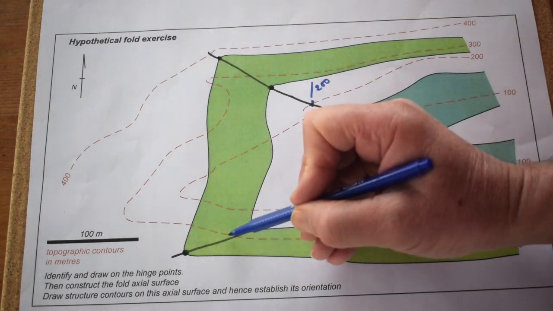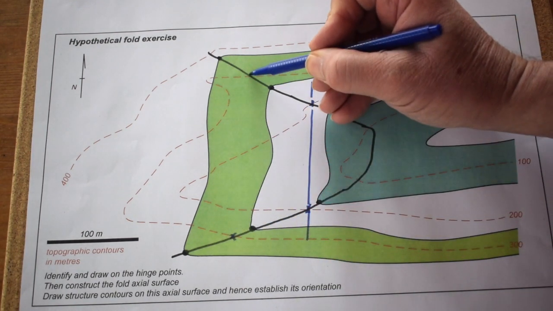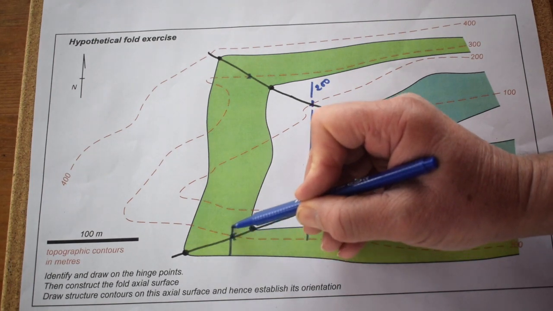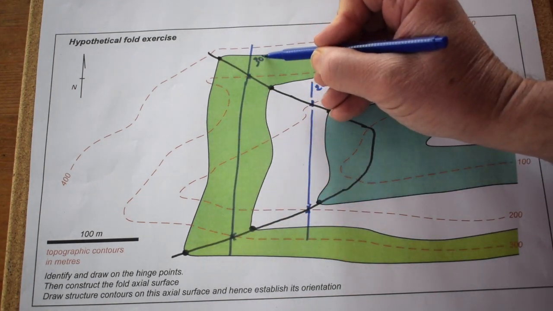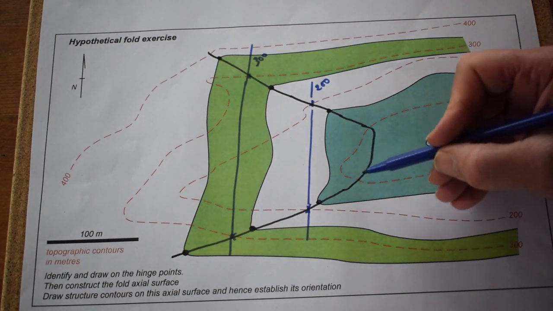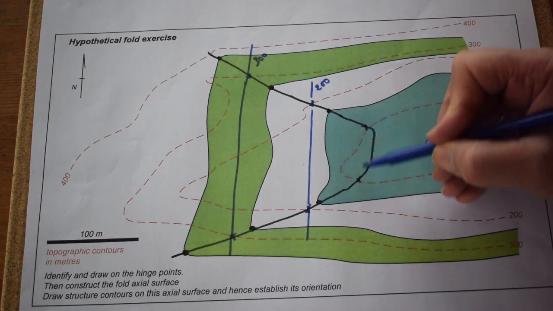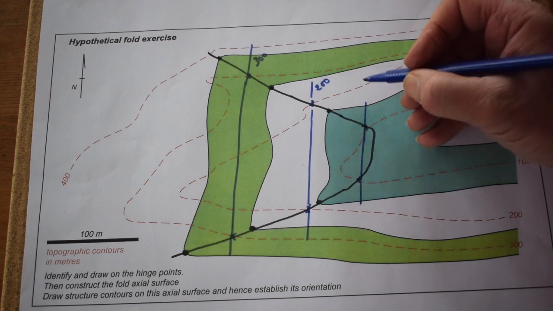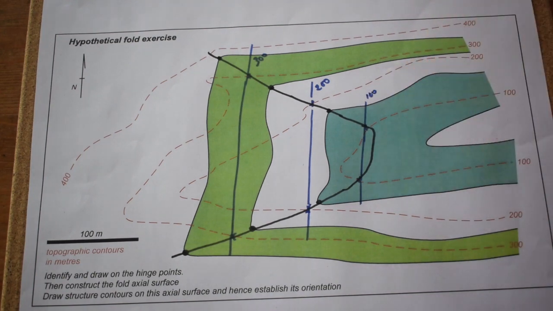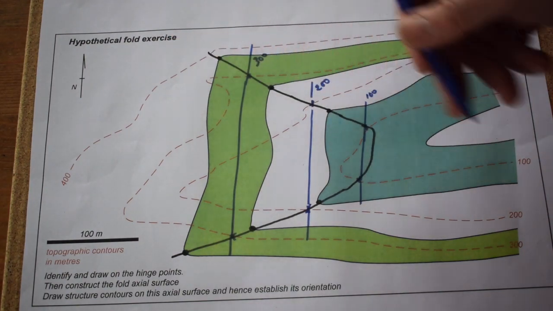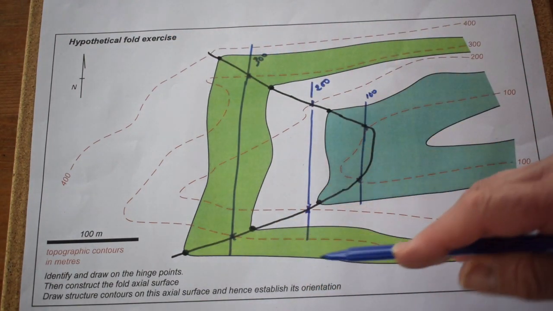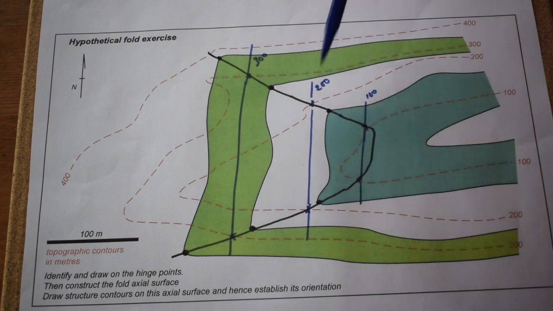There's another one here, like that, which will be the 300 meter structure contour, and there'll be another one down in here, which will be the 100 meter structure contour on the axial surface, picked out where the axial trace intersects various topographic contours.